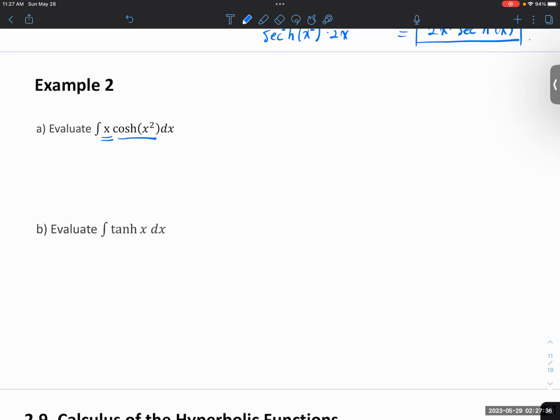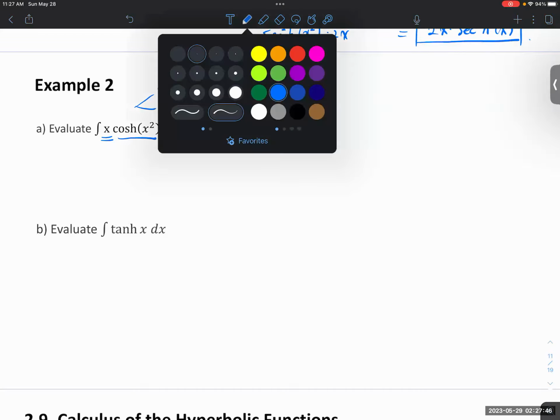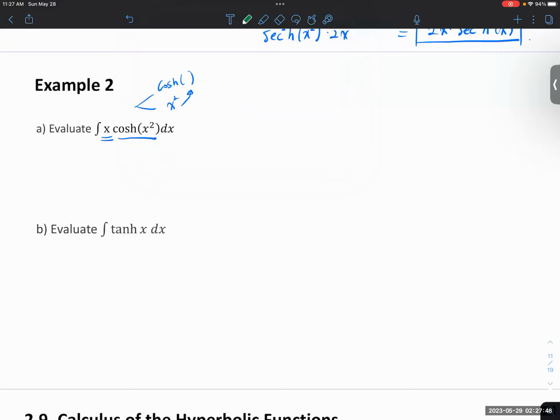So definitely x² has been subbed. So in terms of the integral, you're going to use a u substitution because x² has been subbed. So let u equal x². Take the derivative: du will be 2x times dx.